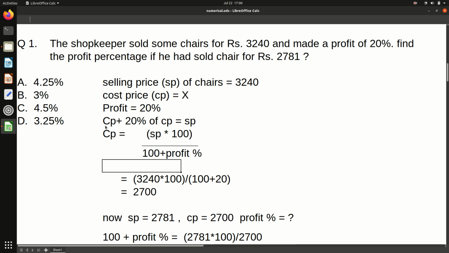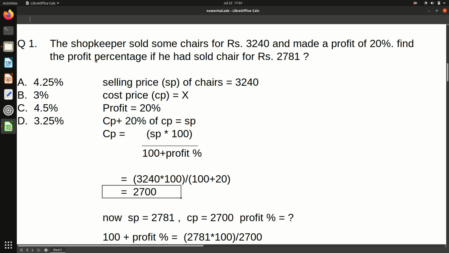Now what it is saying is: find the profit percent if he had sold the chair for 2781. So we just have to assume that if the shopkeeper had sold the chair for this amount, what would the profit percent have been? That's all we have to find. The cost price we have again been given as 2700, and now the selling price is also given, 2781.